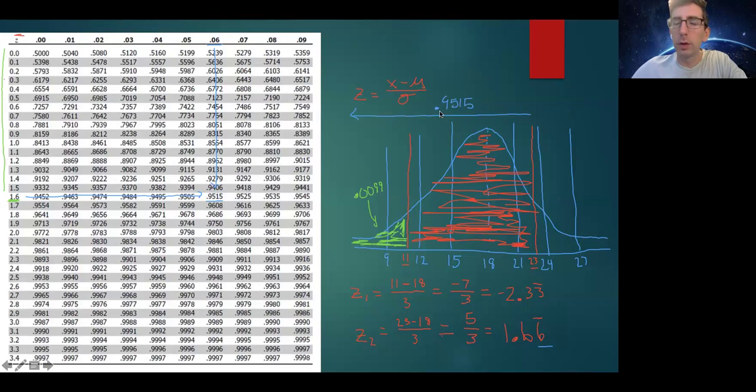Okay, great. So this blue area, if you can see that I've drawn with this line to the left, is from our 1.66 all the way to the left. That blue line that I've drawn is equal to, in terms of colors, the red shaded area, which remember is the shaded area we're looking for, plus this green area.